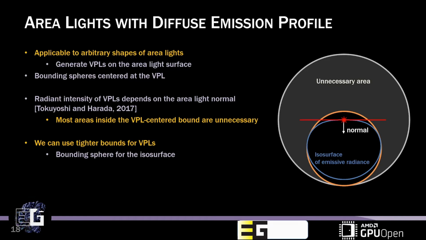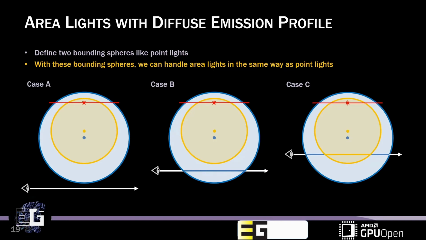So, in this paper, we use the bounding sphere for this isosurface, which is shown as an orange sphere in this figure. Considering these tighter bounds, we can handle area lights more efficiently. With this bounding sphere, we can also define 2 bounds for area lights like the point light case.